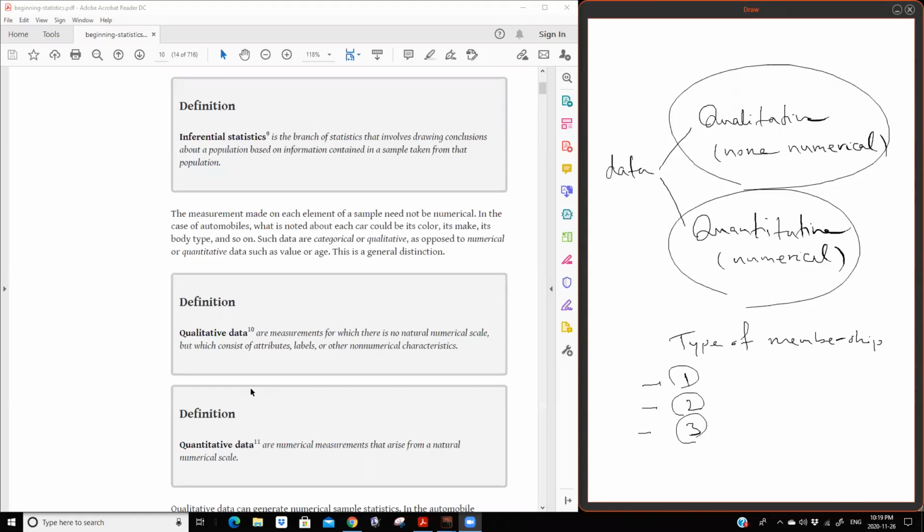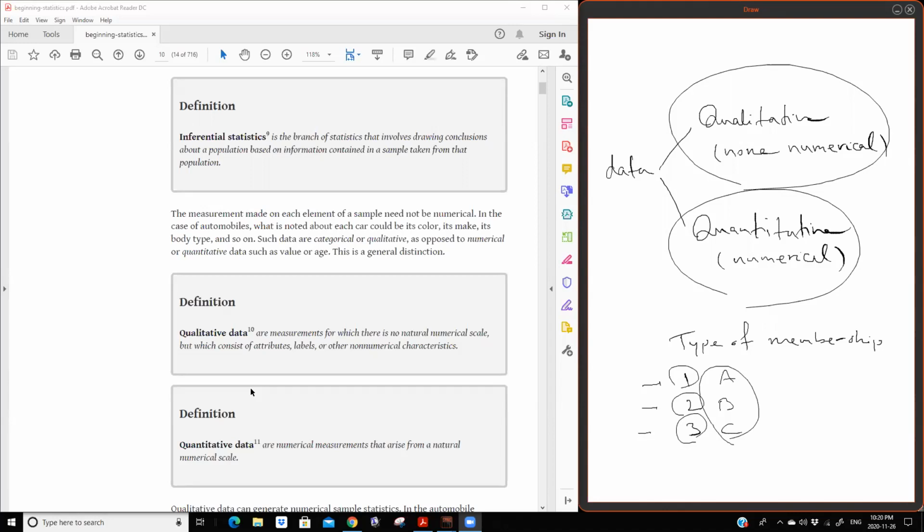So these are apparently numerical, but in nature, this is not numerical data. Instead of type 1, 2, 3, you might as well say type A, B, and C, and there you can see that these are not quantitative data.